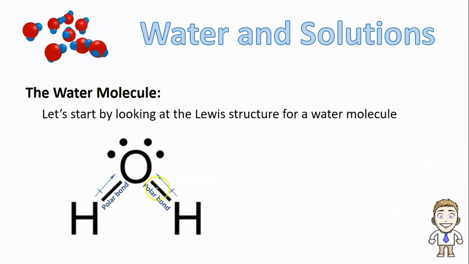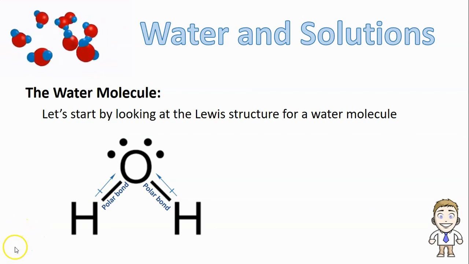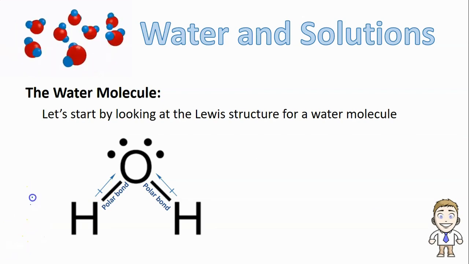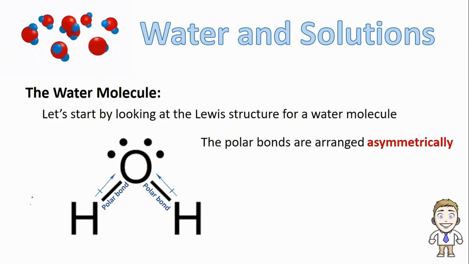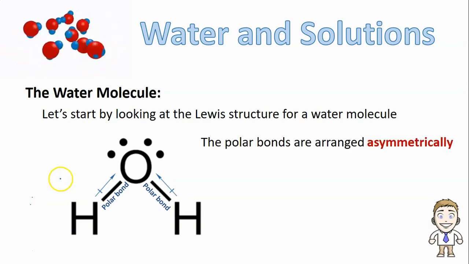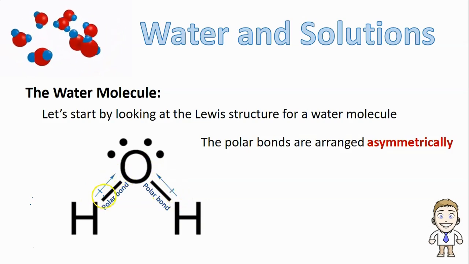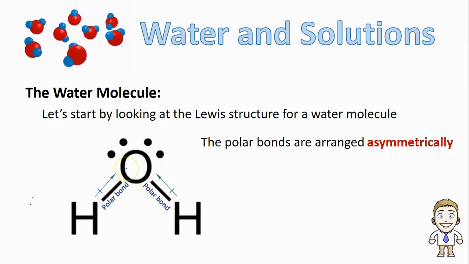Here's a slightly cleaned up version of that arrow symbol you saw me draw in to represent the polar bond. The next important thing about the structure of water is the fact that these polar bonds are arranged asymmetrically. What that means is the oxygen is pulling the electrons sort of in the same direction towards itself.